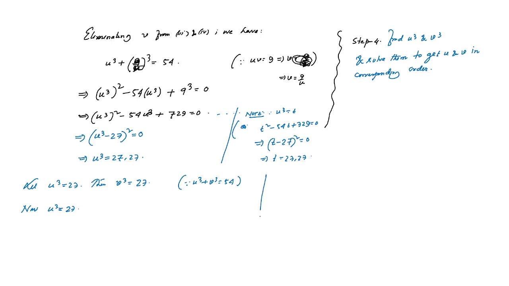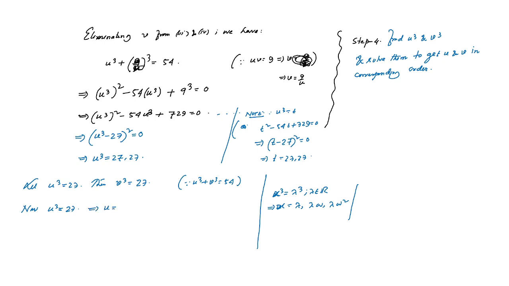That is also an important trick. If u cube equals to some lambda cube, or x cube equals to some lambda cube, where lambda is a real number, so what is the value of x? That will be lambda, lambda omega and lambda omega square, where omega is imaginary cube root of unity.